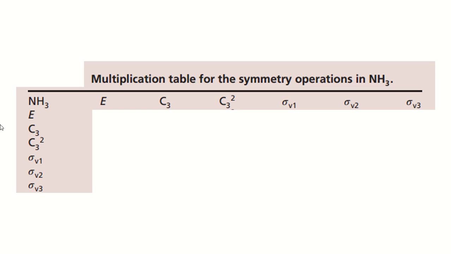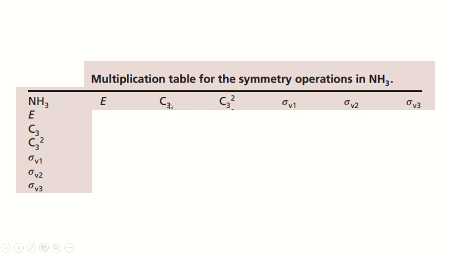So let's start from the identity first. What happens if we apply identity again with identity? Yes, there will be identity again, so here we can write E again. What happens if we apply identity first to the molecule and then C3?